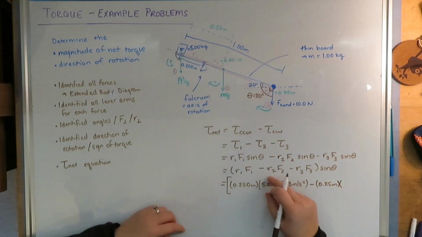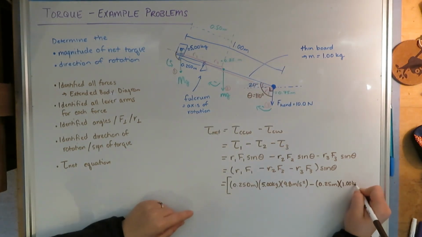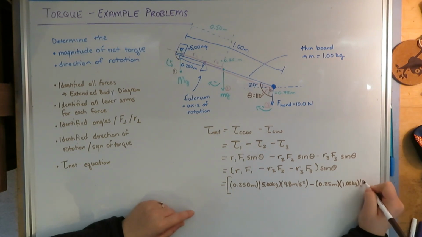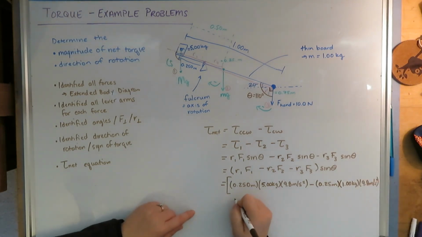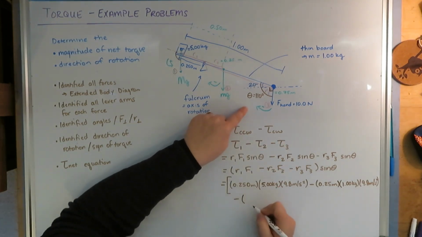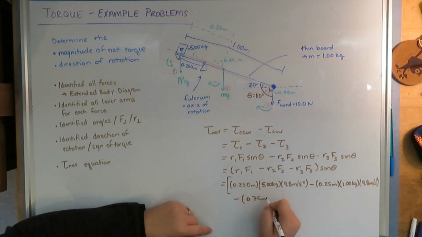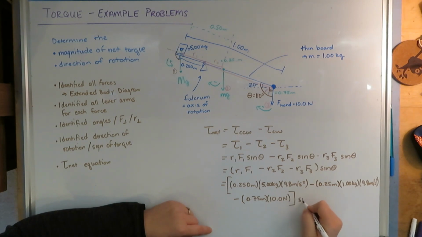And then F2 is this mass, 1.00 kilograms times g, which is 9.8 meters per second squared. And then I'm going to subtract R3, which is just 0.75 meters times F hand, which is 10.0 newtons. And then all of that gets multiplied by sine of 110 degrees.